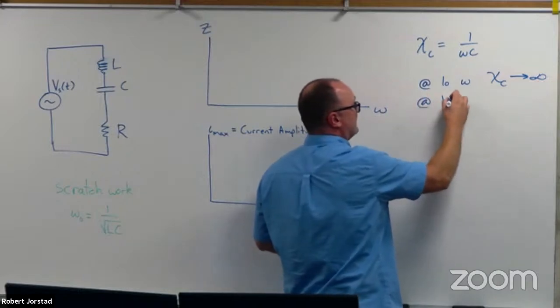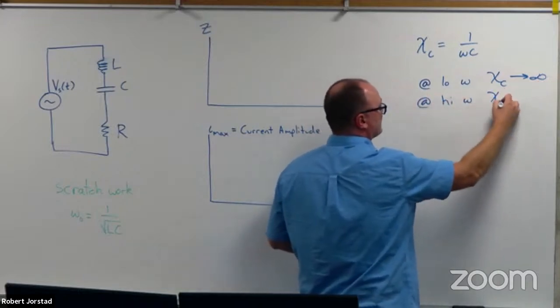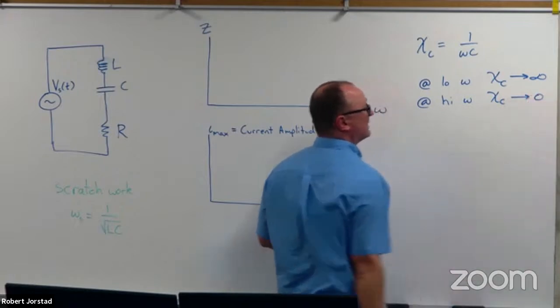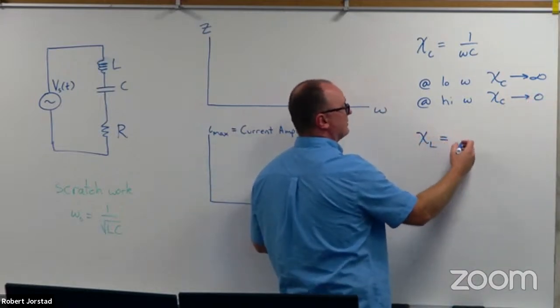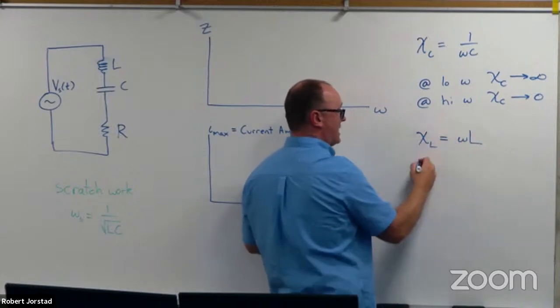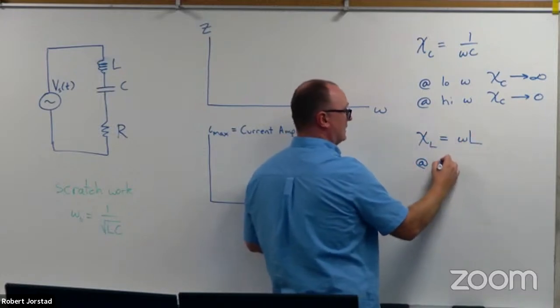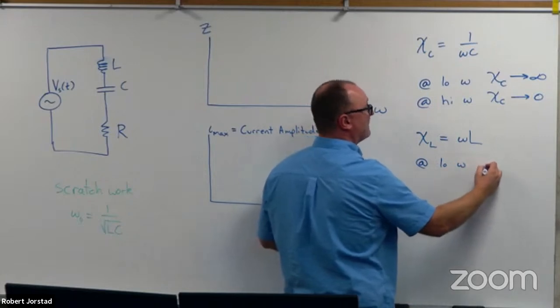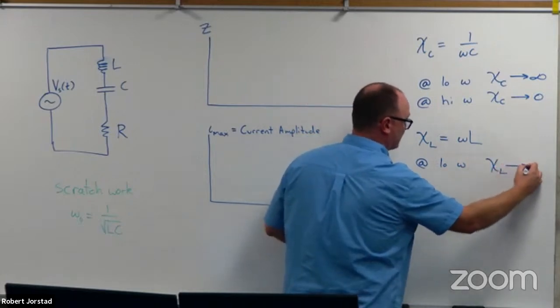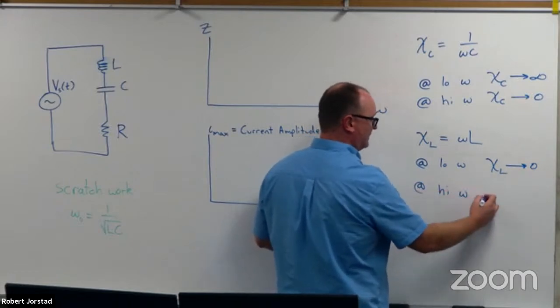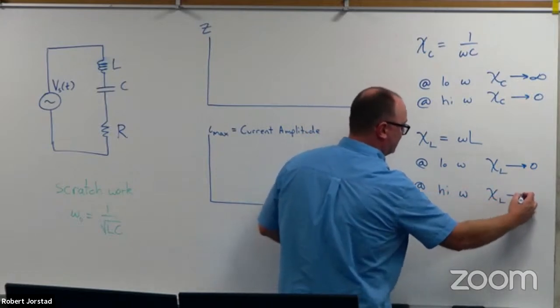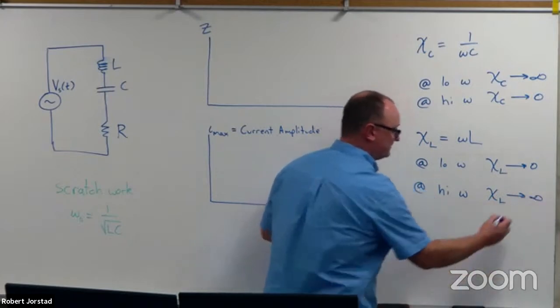At high omega, X sub C goes to 0. I know that X sub L is equal to omega L, so the opposite is true. At low omega, X sub L goes to 0. At high omega, X sub L goes to infinity.